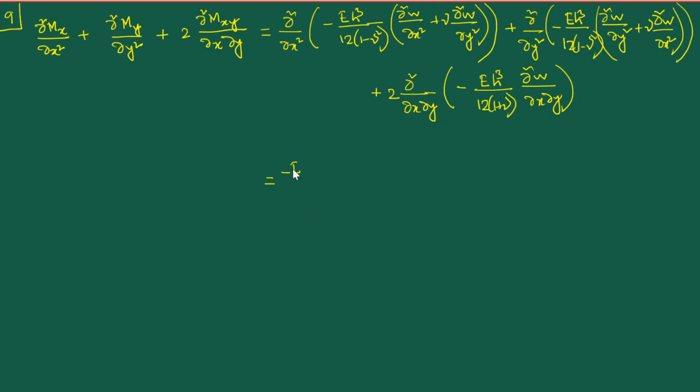So I'll take this minus E h cube by 12 into 1 minus nu square common, and this gives me del 4 W del x 4. So I'm operating this on this.